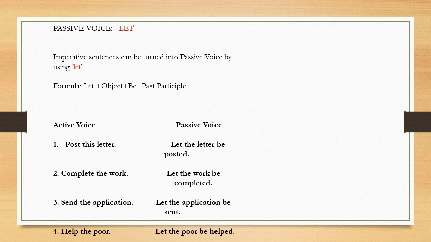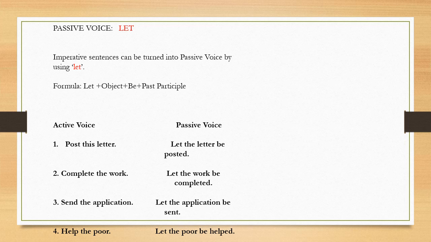Let object be participle. Complete the work. Yes, let. What's the object? The work. Next, plus be. Then the participle is completed. Let the work be completed. Go to the next sentence: Send the application. It's an imperative.